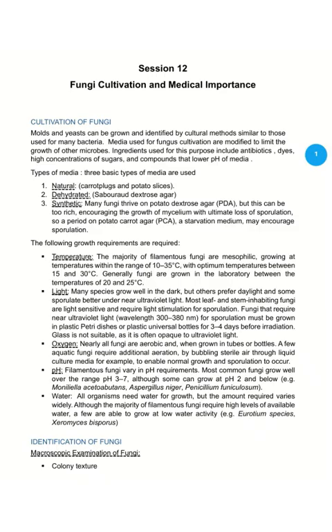There are three types of basic media. The first is natural media. When we say natural, that means we can use certain types of plants, and mostly we use carrot plugs and potato slices. If you put a potato slice in a petri dish and you add a fungus, you will find after incubation that the fungus has started to grow.